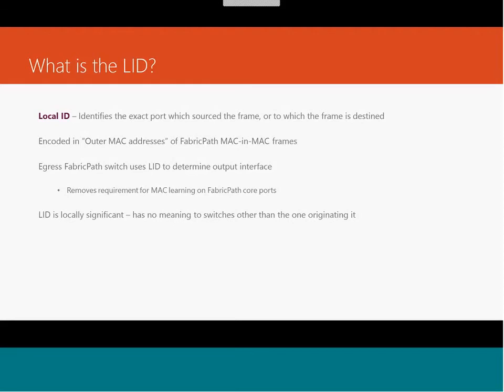So if you do a show mac address-table and look for particular MAC addresses, you might see that the entries are in the format of the SID, the switch ID, the sub-switch ID, and the LID, right? So you need to remember this format. This is mostly used in Fabricpath environments to troubleshoot where the MAC is being learned and where it's being forwarded within the Fabricpath domain.